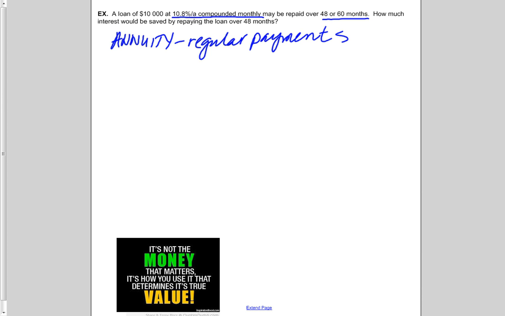And then from there, I need to decide whether it is a present value or an amount problem. Present value is something you have right now and then pay it off, or right now and pay yourself. Any loan, like this one, would be a present value problem.